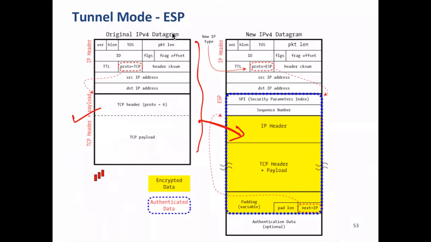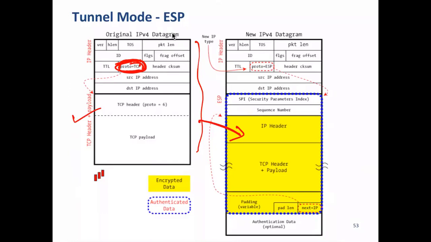Now note this field. Within the IP packet there is also a TCP packet, and the protocol field here defines TCP. There is a number corresponding to TCP.